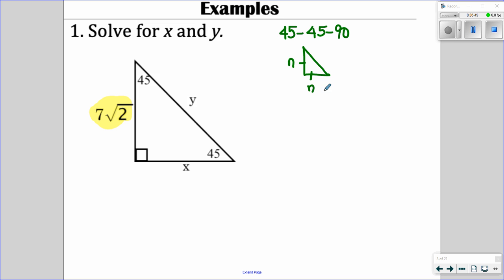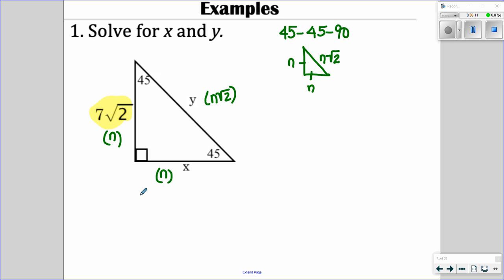And the hypotenuse is n root 2, or n times square root of 2. All right, so I have the side ratios, and I know that this is n, and this y, which we need to solve for, is n root 2.